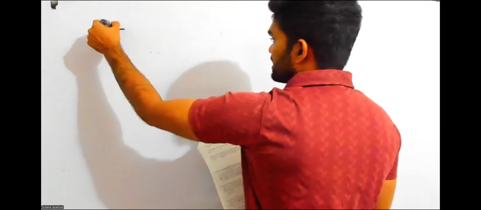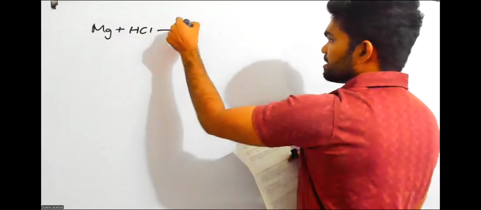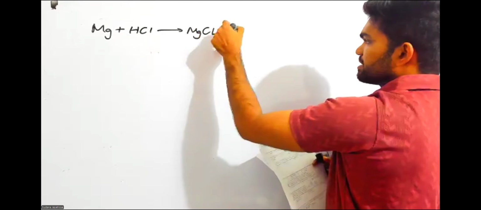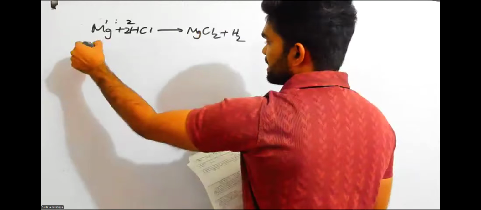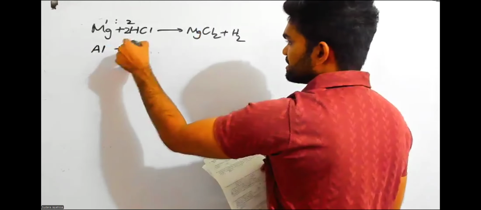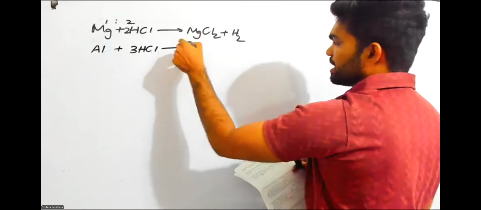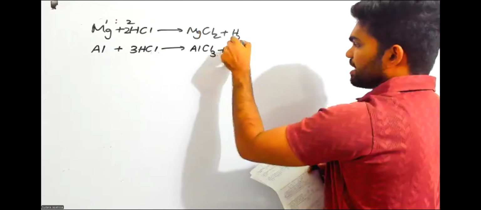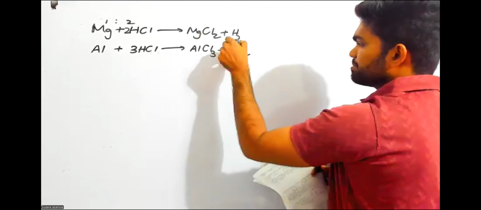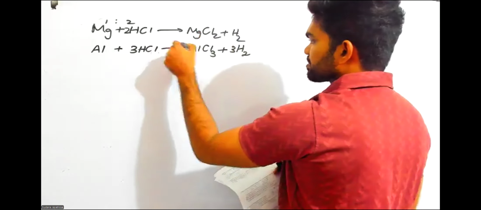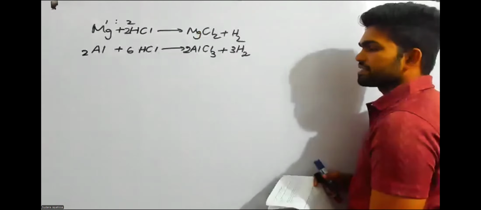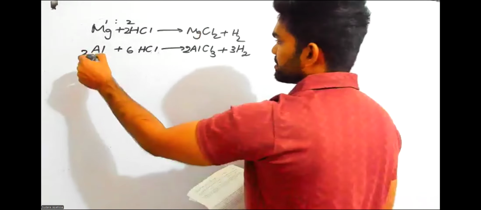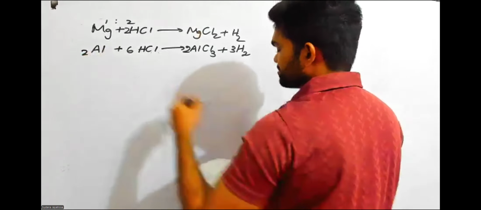Magnesium reacts with HCl to form magnesium chloride and H2. So it reacts in a 1:2 ratio. Then aluminium reacts with 3HCl to form AlCl3 and H2. But for balancing purposes, we need to add 6 and 2. Then only it will get balanced. So here it is also a 1:3 ratio.